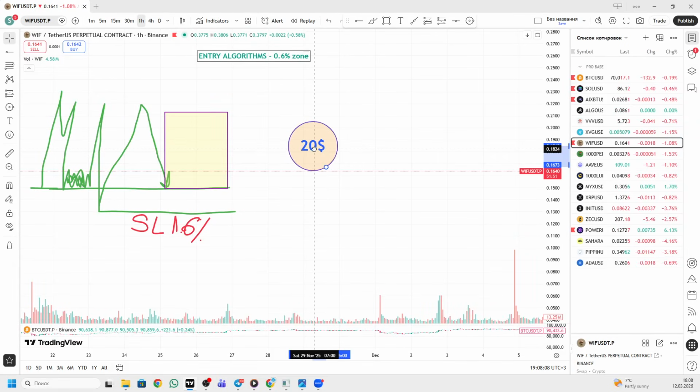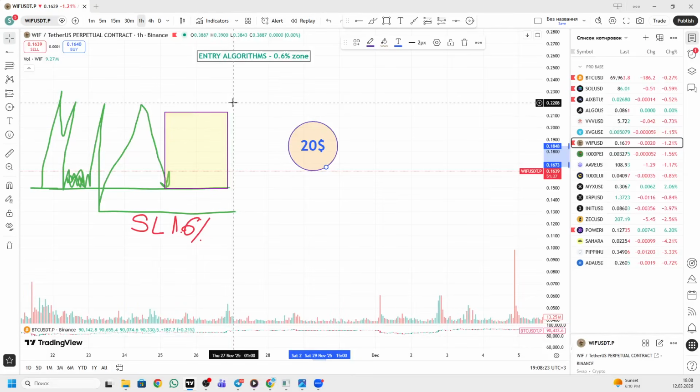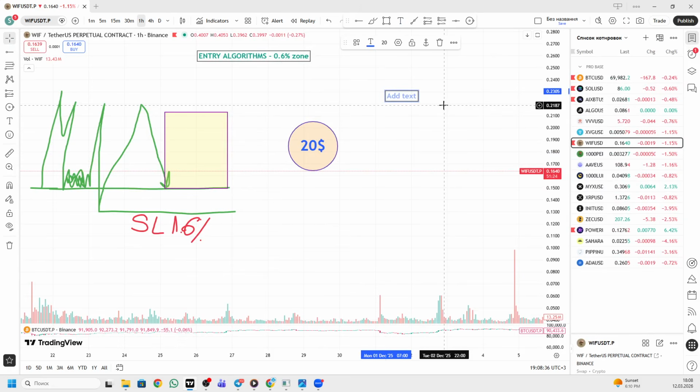You split them into 4 limit orders of $5 each and place them evenly inside the 0.6% zone. This is our entry algorithm, the 0.6 zone.